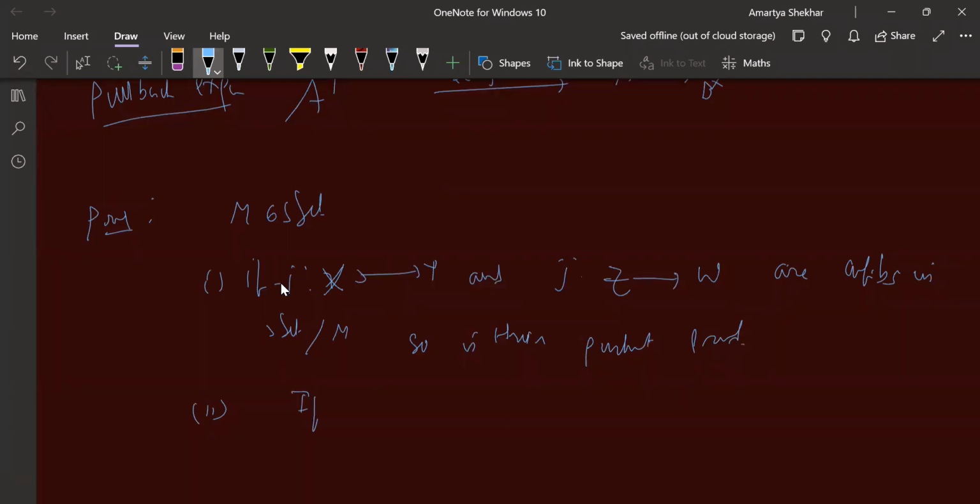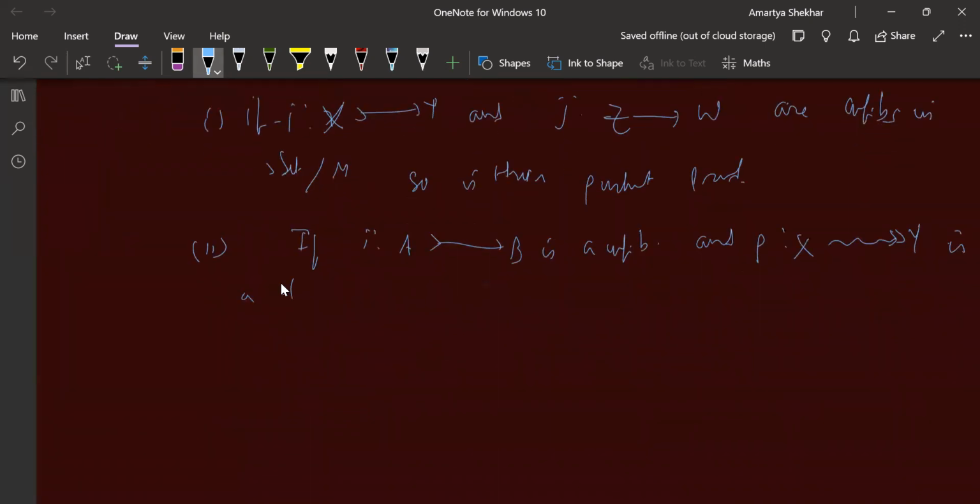Next one, JB is a cofibration. So this is a trivial fibration. There's a trivial observation in this.